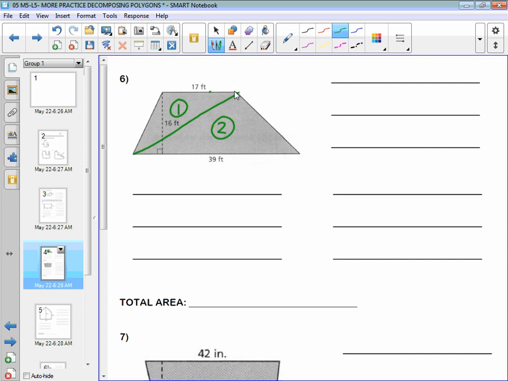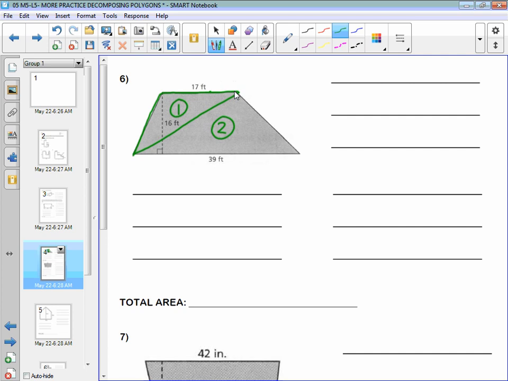All right, ready? Triangle 1. I'll do it in green since I've already started in green. Do you have a base of triangle 1? And if so, what is it? Patrick. 17 is the base. That's this.